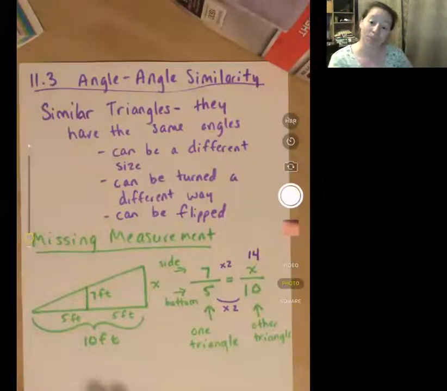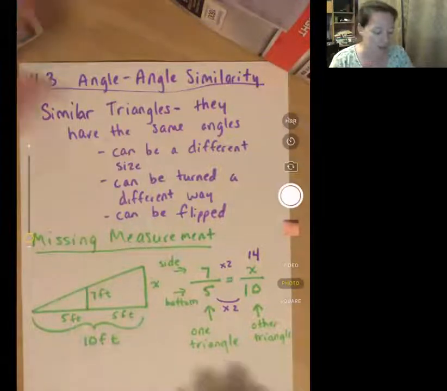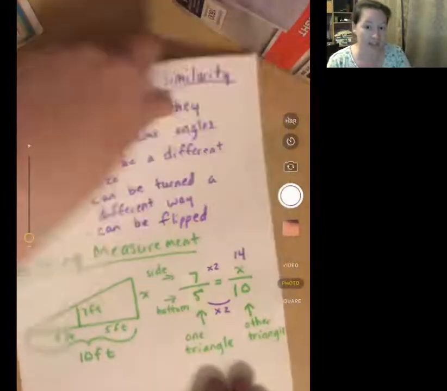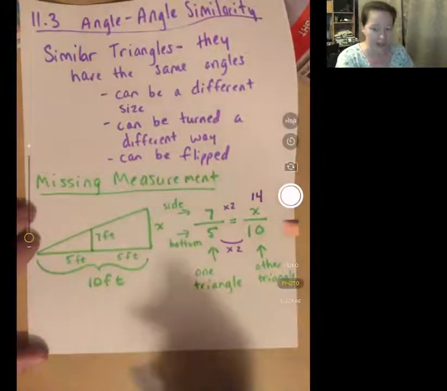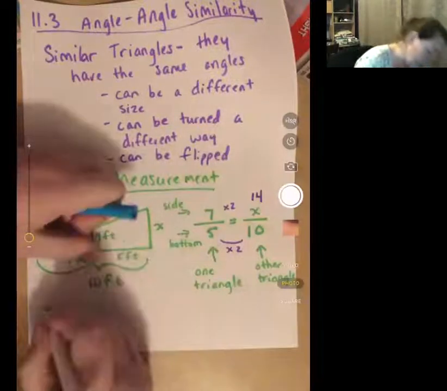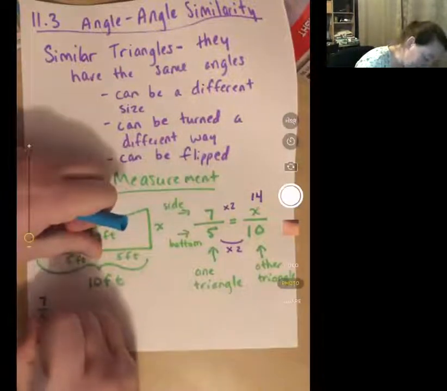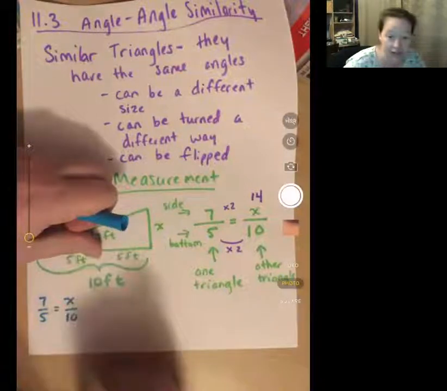Okay, so if the numbers aren't as easy as that, if you're looking at it and you're going, I have absolutely no idea what to do with it, this is what you do with it. I'm going to come down here because I have some more space. So I have my 7/5 is equal to X over 10.